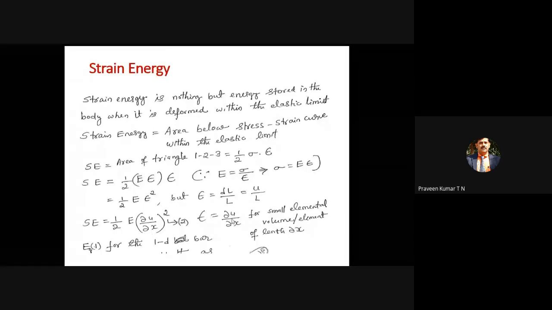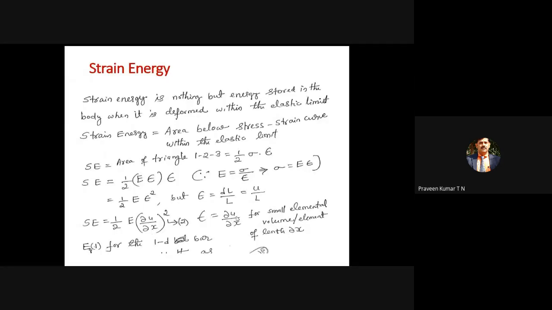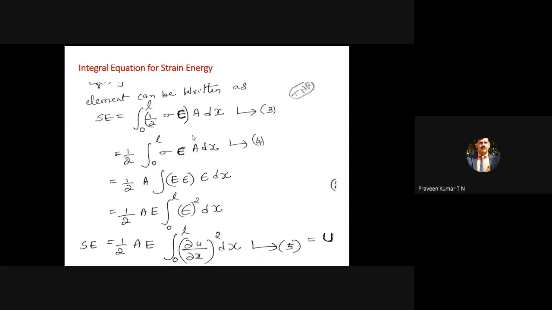Strictly speaking, the equation for the strain is given by del u by del x, but initially in mechanics of materials you refer to it as delta L by L. Strictly speaking, the formula for strain is del u by del x, del v by del y, and del w by del z. If you substitute all those things, you get one equation. This is the strain energy.